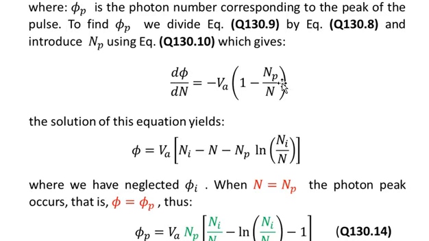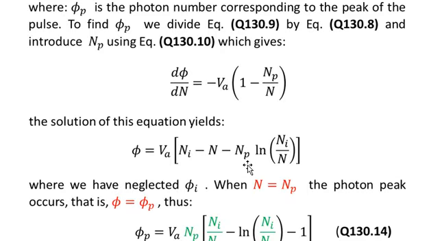The solution of this equation is given as follows. I am not going to give you the details of this solution, but you can find that phi of t is equal to Va, and within the square bracket we have Ni, a constant, the maximum value of the inversion, minus n, which is a function of time, n of t, minus Np.